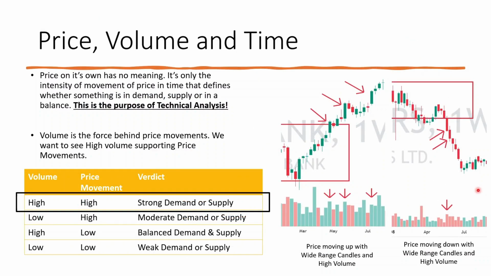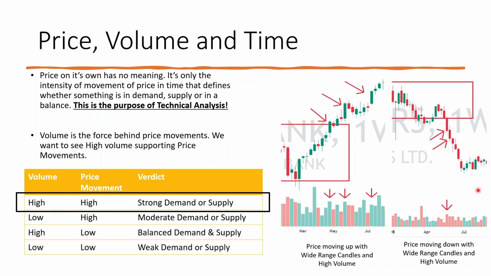So now continuing our discussion of price, volume and time. Price on its own has no meaning. The price of a stock today can be 500 rupees, tomorrow can be 600, the day after can be 400. On its own, it does not mean anything. It is only once we understand the underlying demand or supply at a particular price that we can give any meaning to it.